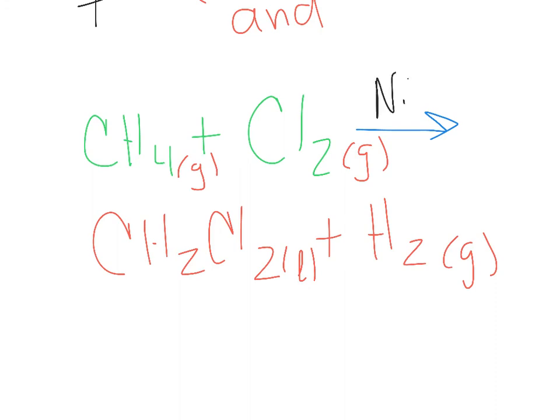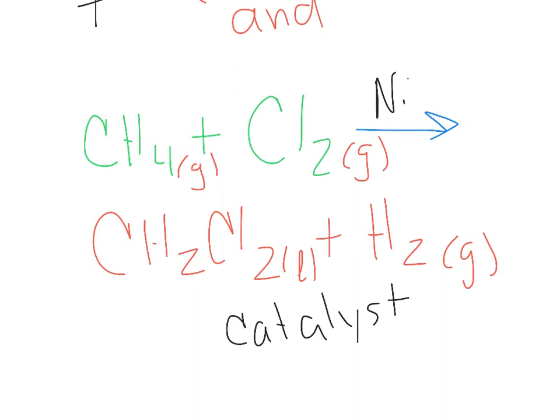A catalyst is something that needs to be with the reaction in order for the reaction to occur, but it's not used up in the reaction itself. It's not a reactant. It's there at the beginning and it's going to be there at the end. It's just like an enzyme in biology. So if I have something that we need for the reaction to happen but isn't necessarily a product or reactant, you would write it over the arrow. This is where you would put your catalysts.